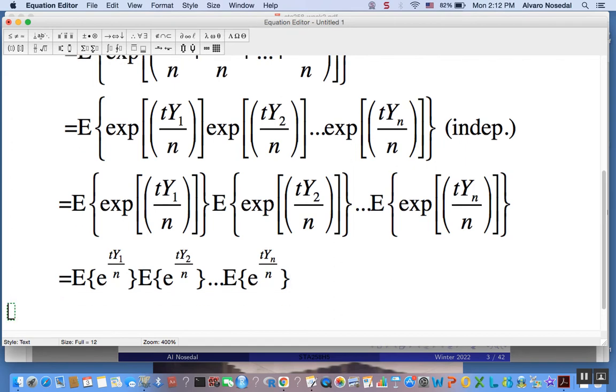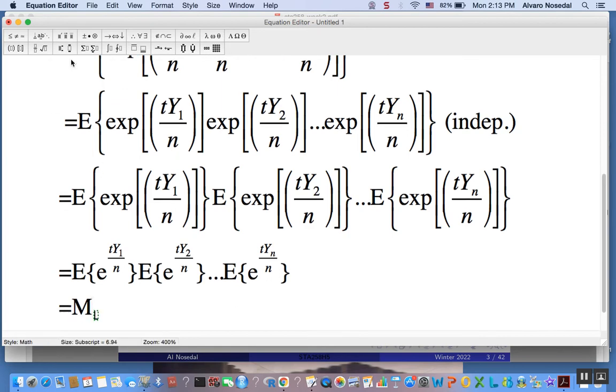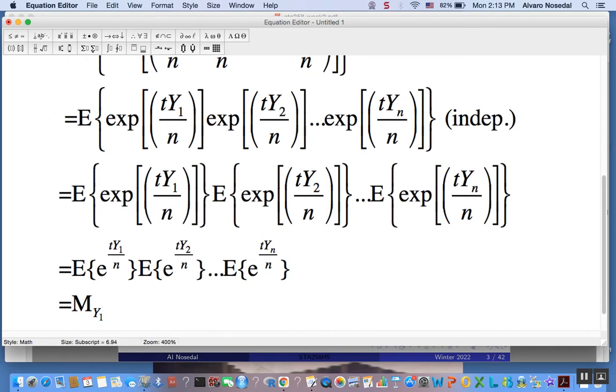Now note that the expected value of e to the power t times y1 divided by n, that is by definition the MGF of the random variable y1, but instead of the MGF being evaluated at t, it is being evaluated at t divided by n.